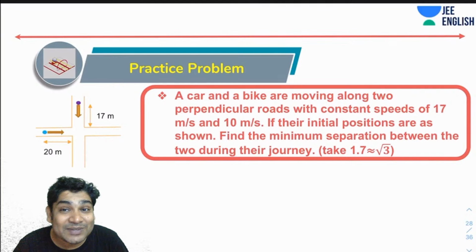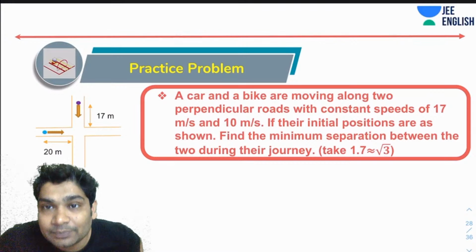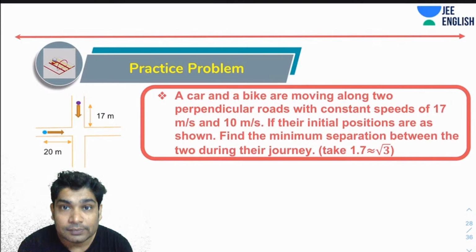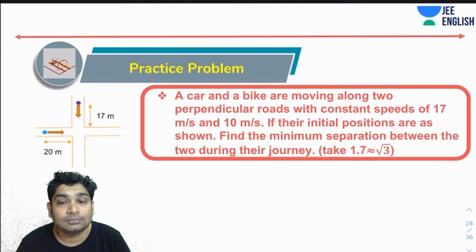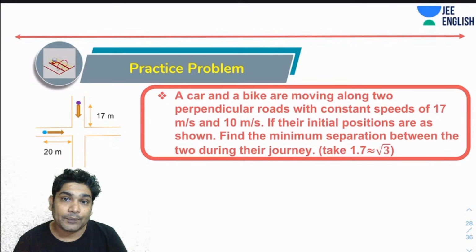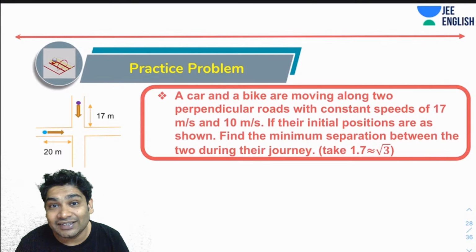What would be the minimum separation between the two? So I hope you guys are trying this. So how do you do this? You see the motion of one in the reference frame of the other.